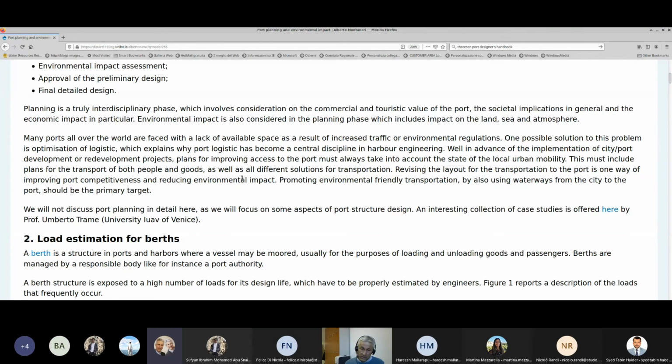We are not dealing with logistics, and it's something that goes beyond the focus that we have in this course, but you have to be fully aware that if your profession will be port management and you will be a harbor engineer, then I suggest that you learn something about logistics. It's not very difficult. There is some maths, there are algorithms for solving the problems, which of course require a proper education.